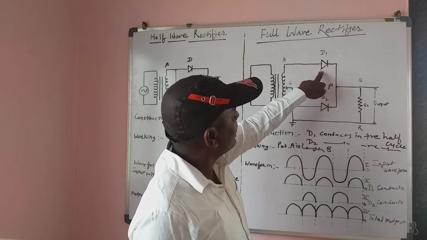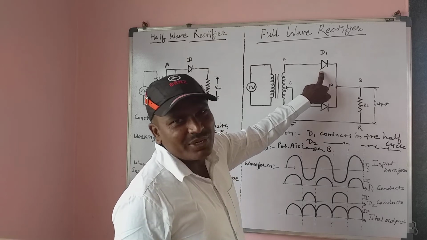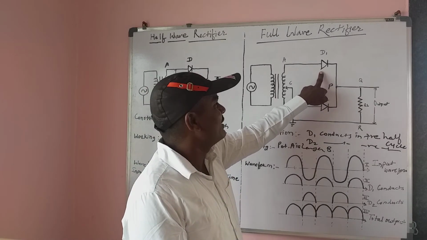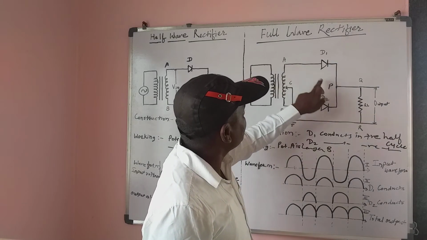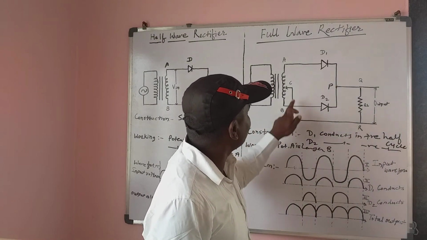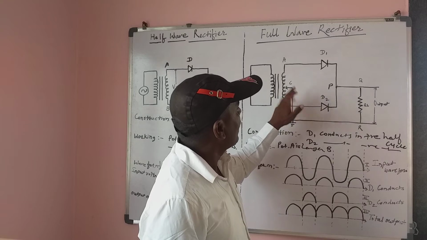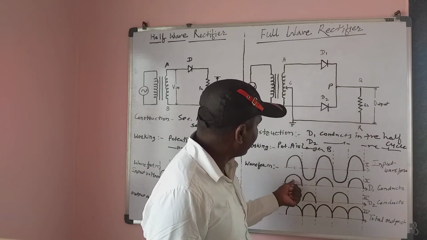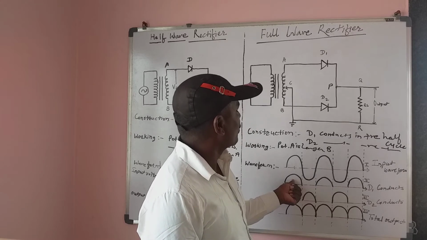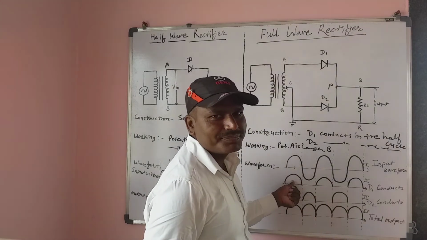That means this diode is in forward bias. When the diode is in forward bias, current flows through the circuit following the path A, P, Q, R, C. For the positive half cycle, when D1 conducts, we get the output of the positive half cycle.